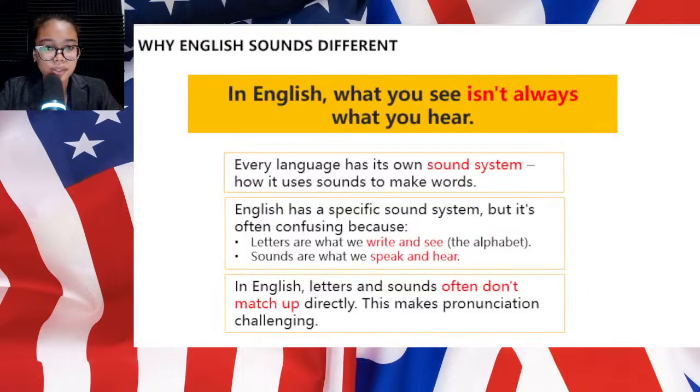Now, why does English sound different? In English, what you see isn't always what you hear. So this is what I'm talking about: how the word is spelled does not necessarily or immediately mean you will follow it when it comes to pronouncing the word.